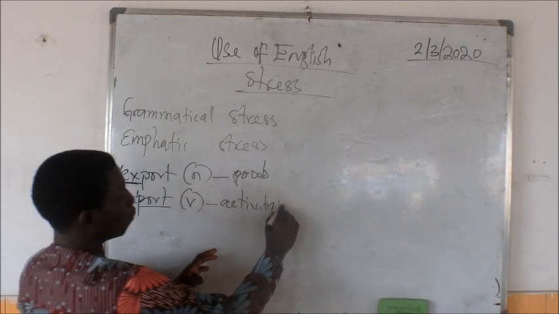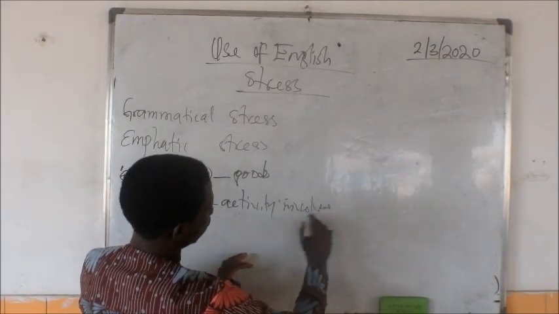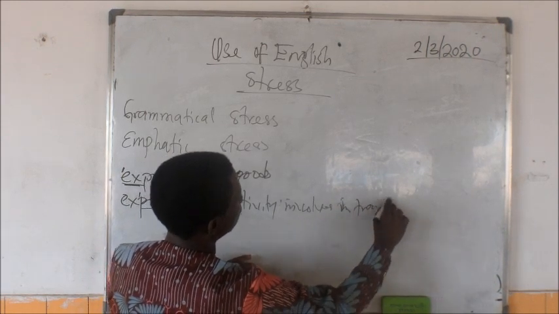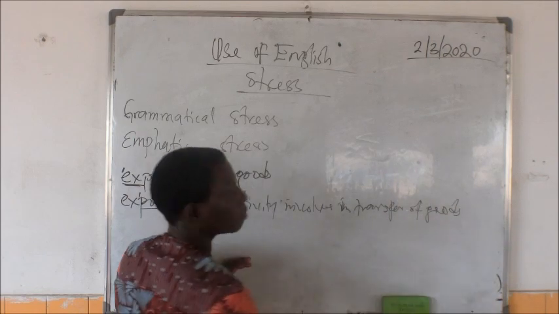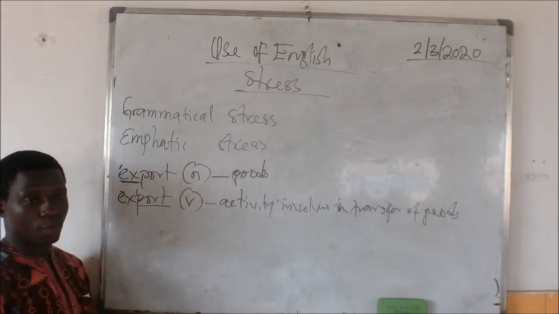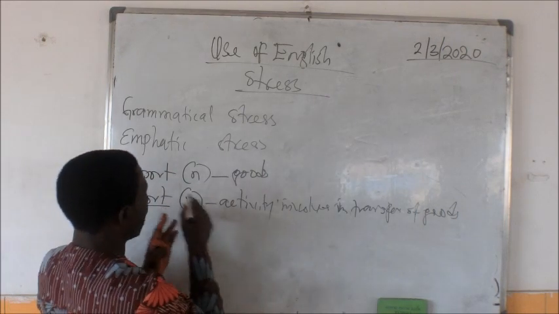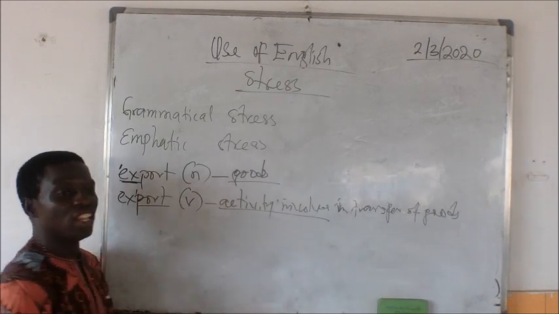Activity involves a transfer of goods. That is export. So you can see that by this definition we mean a verb, by this definition we mean a product.